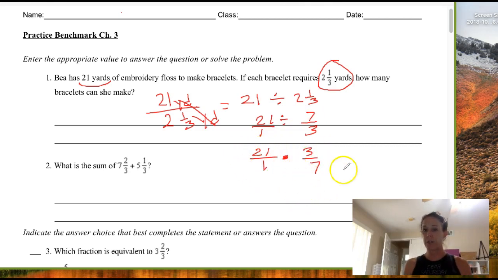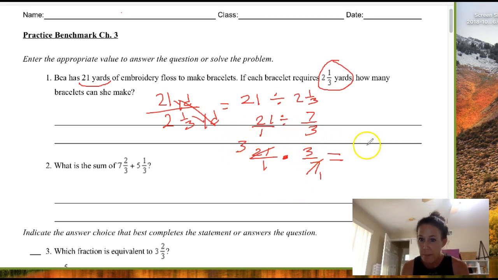Now I have a multiplication of fractions. I can multiply straight across the top and reduce at the end, or the better thing to do is to cross cancel before you do your multiplication. 7 goes into 21 3 times. 7 goes into 7 1 time. These don't cancel, so I'm pretty much reduced as much as I can. Now I'm going to multiply straight across the top.